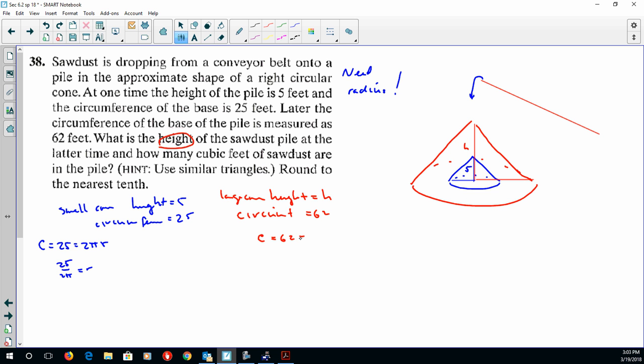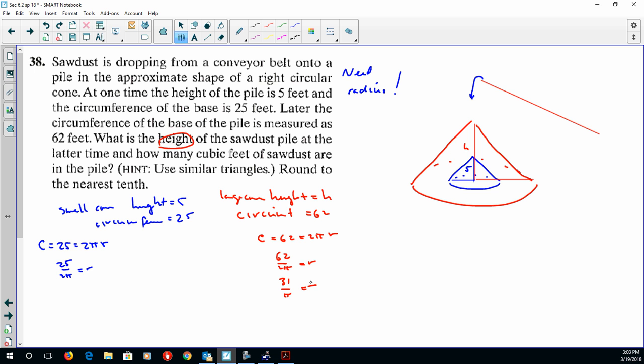We could convert these to decimals, but I think in the process I would round off and lose some accuracy. So I'm just going to hold on to these funny numbers. I can reduce this one a little bit and make it 31 over pi. But otherwise, I can't reduce these too much.